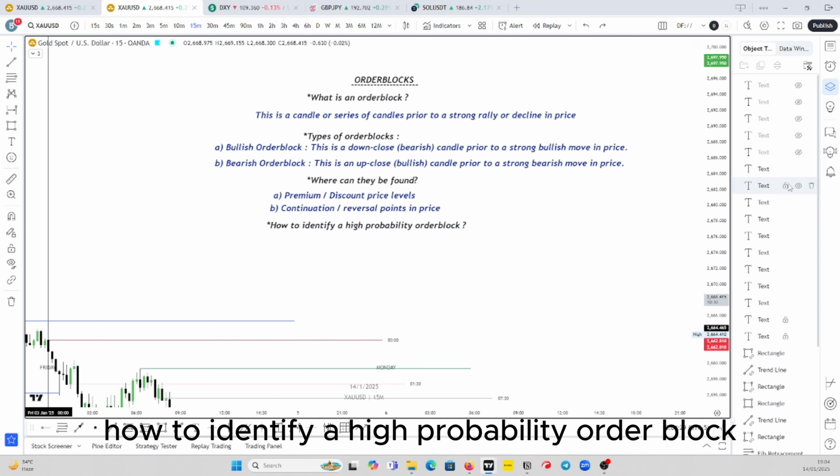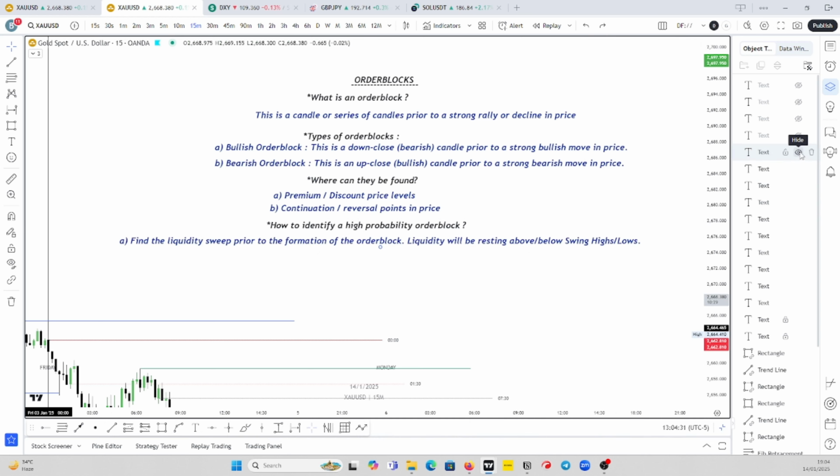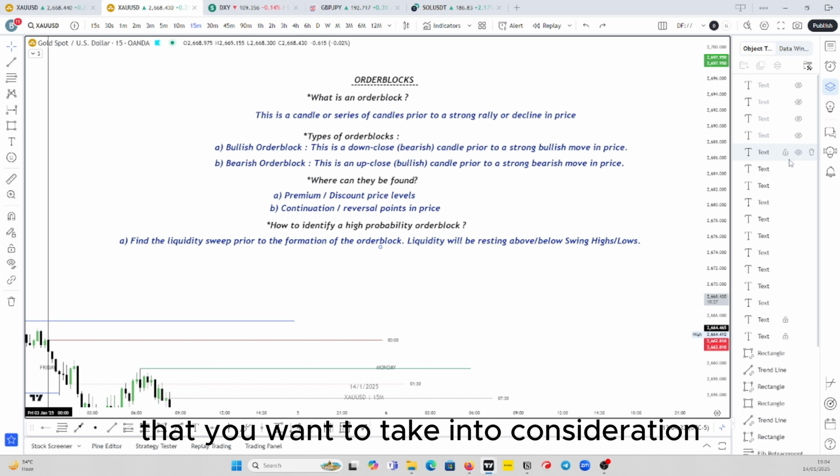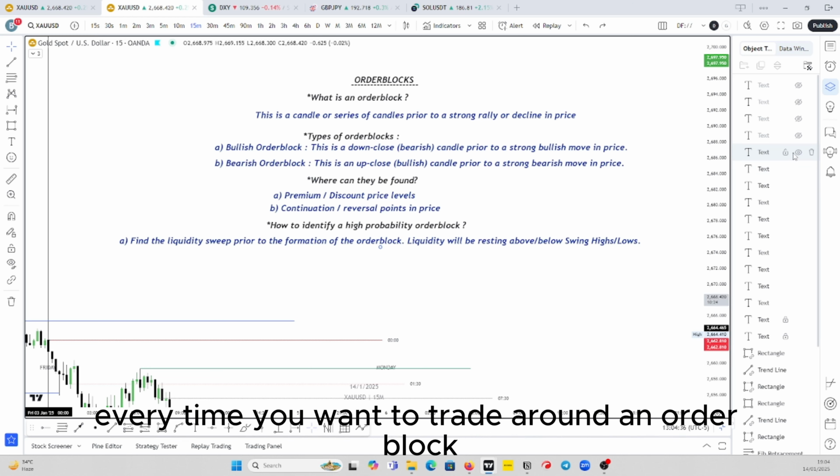How to identify a high probability order block. There are two metrics that you want to take into consideration every time you want to trade around an order block. First, you need to find the liquidity sweep prior to the formation of the order block. Liquidity will be resting above or below swing highs and lows. That's the first point.